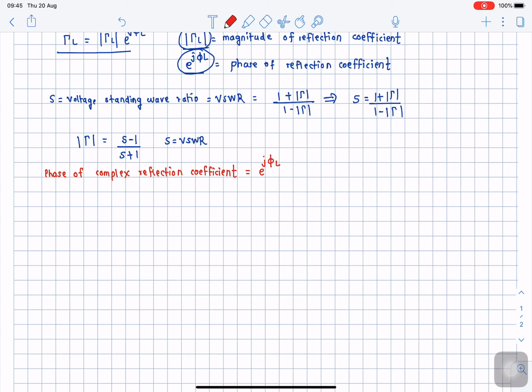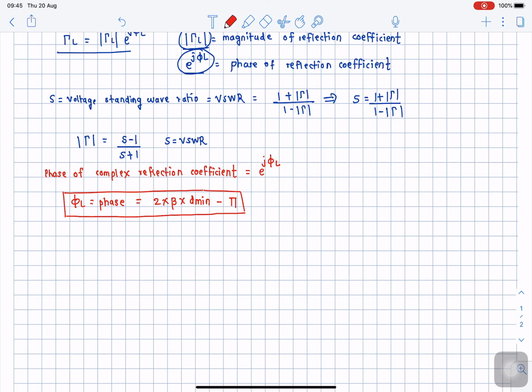Now here we want to find out what the phase is. It is given by the equation phi l equals 2 multiplied by beta multiplied by d minimum, minus pi. Please remember, this is the equation to calculate the value of phase phi l.